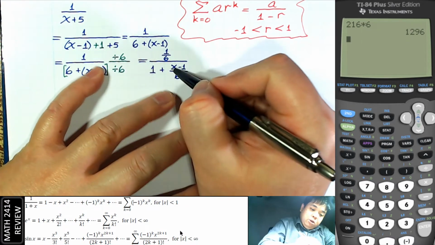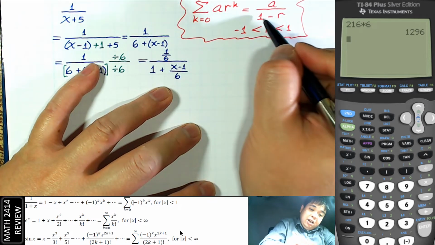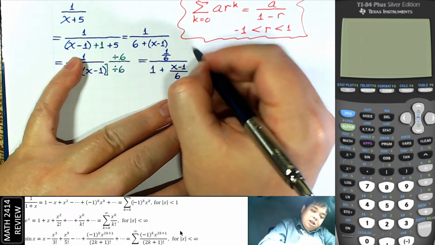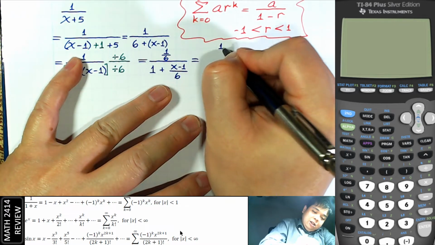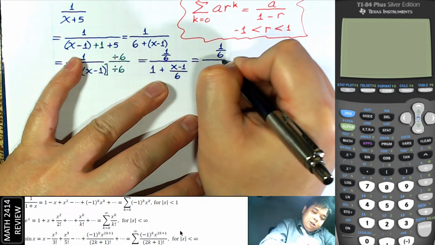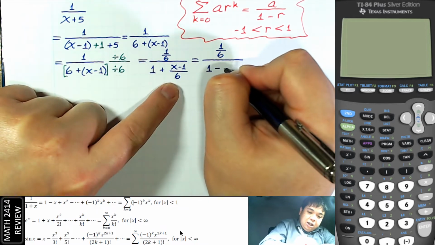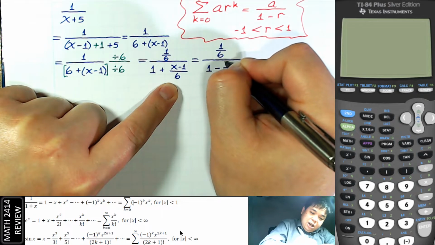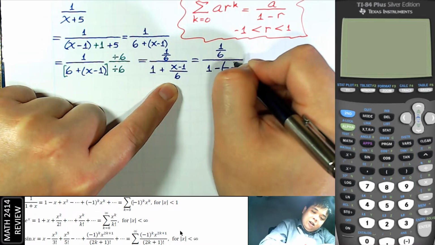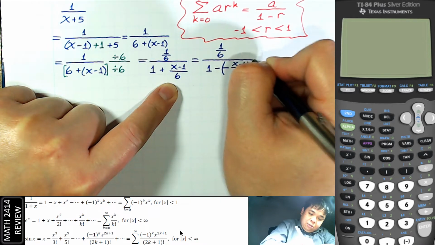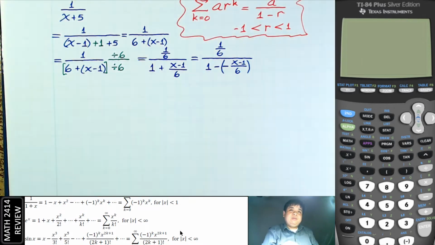Now that looks like a is 1 over 6 and 1 minus r. Now we just need the minus here. So that's easy. All I need to do is say this plus is subtract the negative, x minus 1 over 6. Now it looks exactly this form.